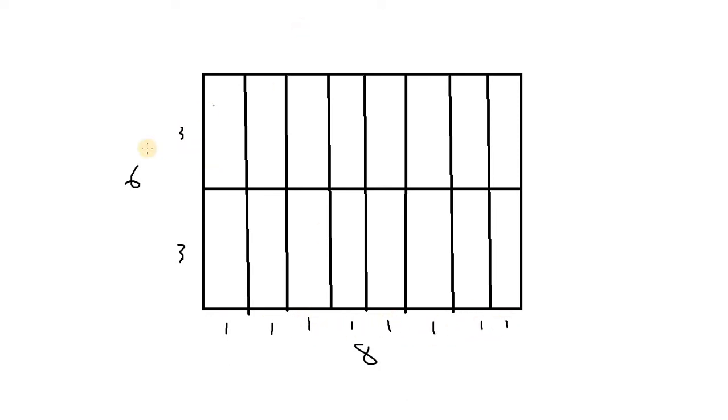So you can see that this side has been divided a total of 2 times, and this side has been divided a total of 8 times. So the total amount of sheets you would create from this particular piece is 2 times 8 equals 16.